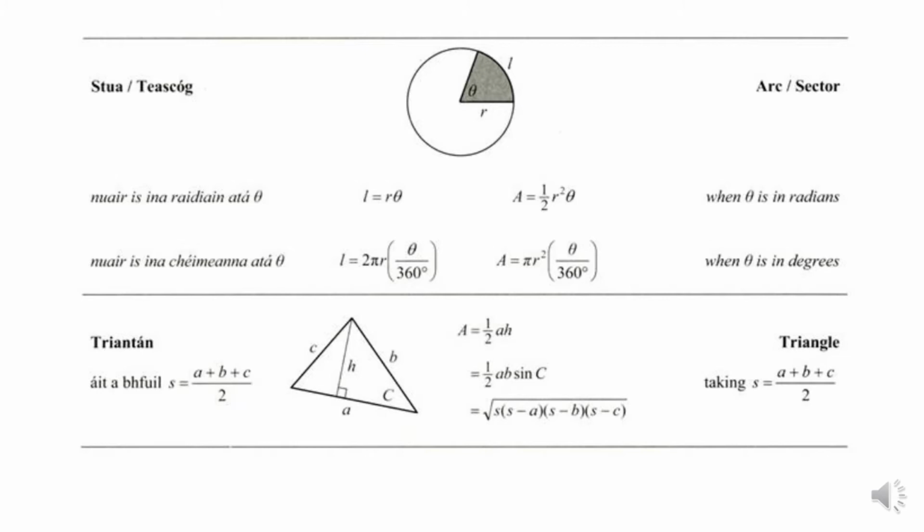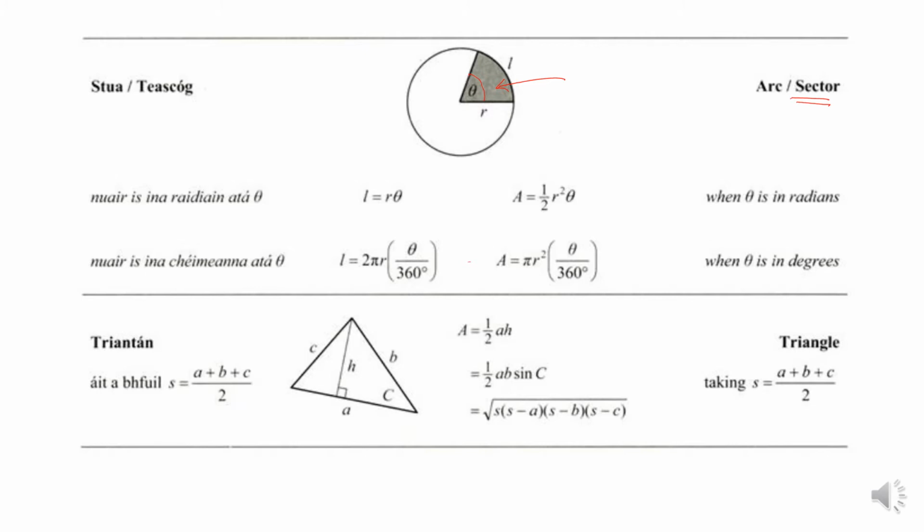Now we are looking for the area of a sector, which is here, illustrated in this shaded region. Theta is the angle. L, if we need it, is what's known as the arc, the curved line, and r is the radius. The next thing we're looking for is A for area, which is here.